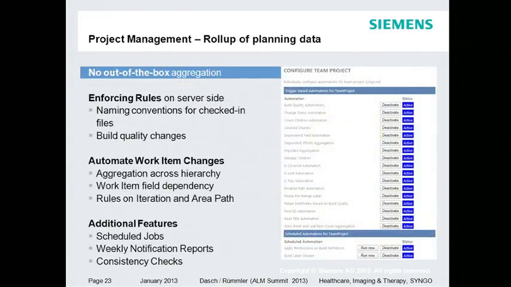Another issue we saw is roll-up of planning data. It's in parts solved in TFS 2012, but I think it's an obvious use case that you want to know all the effort for a requirement, which comes from an aggregation of the effort of all tasks below. And Team Foundation Server, at least 2010, out of the box, doesn't provide this functionality. So we use server-side hooks to do such server-side aggregation.